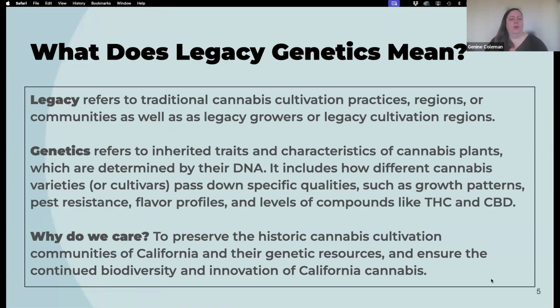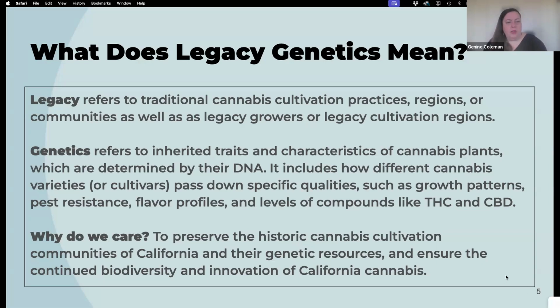So a little bit of overview around the nomenclature and sort of the heart and soul of the research project. So what does legacy mean? This refers to traditional cultivation practices, traditional cultivation regions or communities, as well as legacy growers and legacy cultivation regions. So this is really the focus of our research, and harkens back to our research questions regarding what is legacy cannabis and what are legacy producing regions.